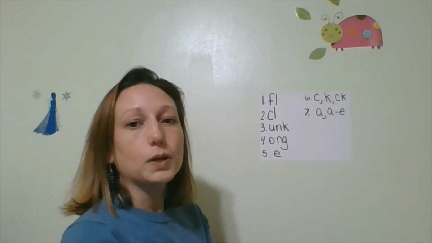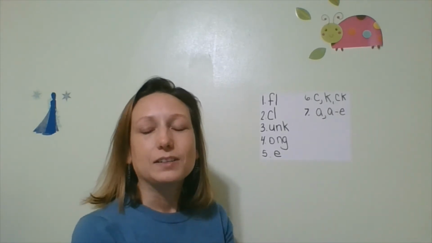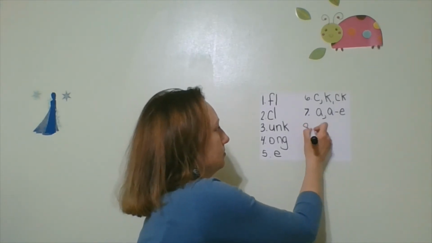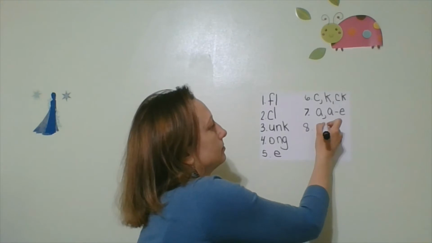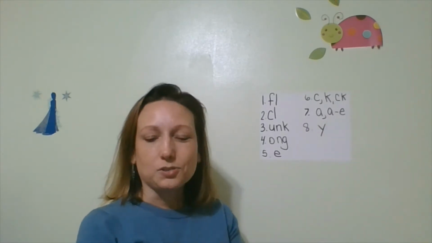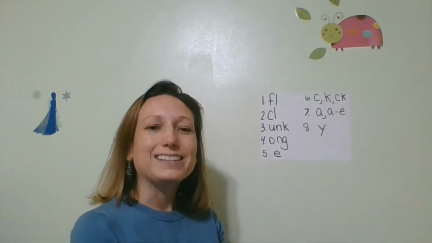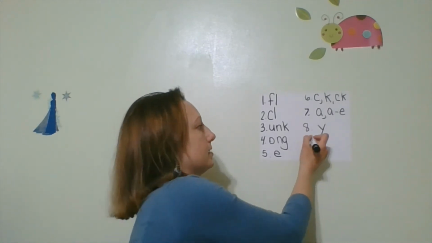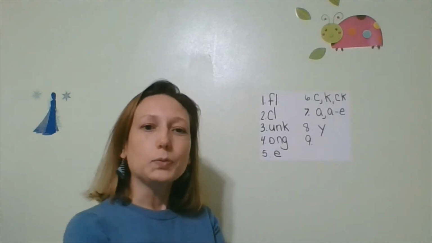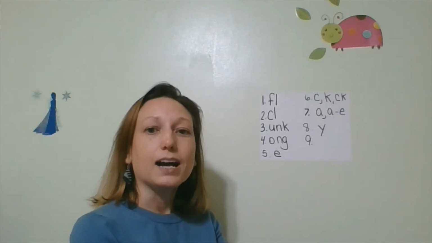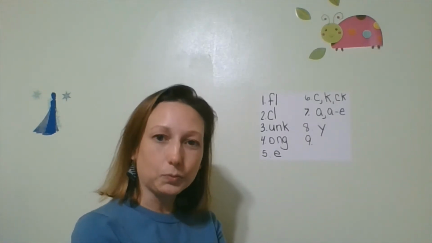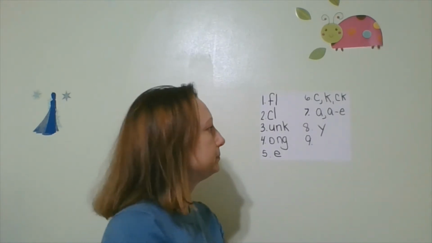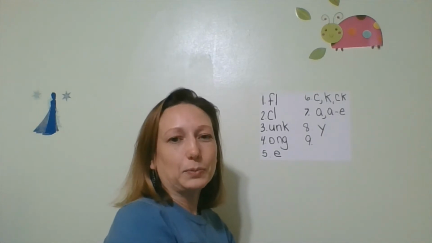Number 8, one way to write Y. Did you write Y? Y says Y at the beginning of a word. Number 9, one way to write the blend at the beginning of swim. And what is our blend?